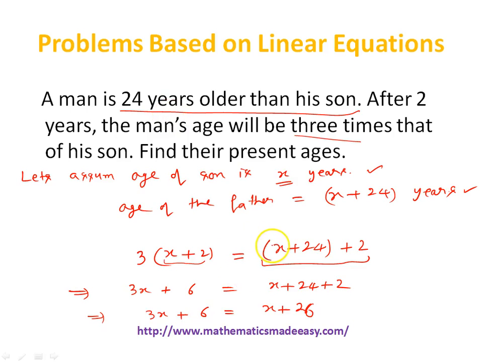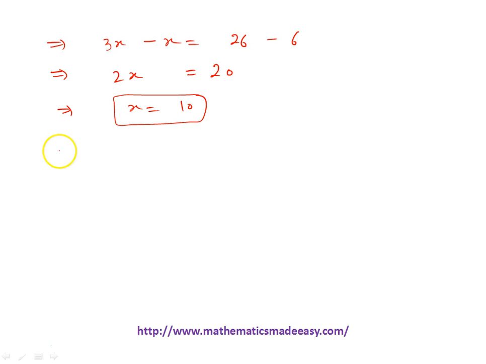So what is asked in the question? Find their present ages, right? So x is the age of the son and x plus 24 was the age of the father, right? So the age of the son is how much?